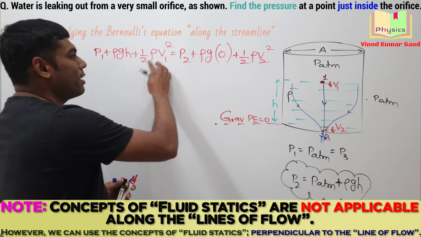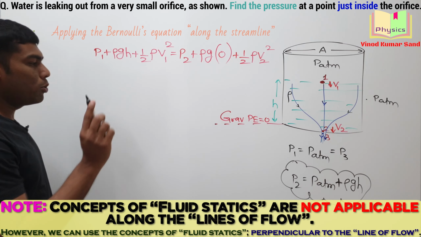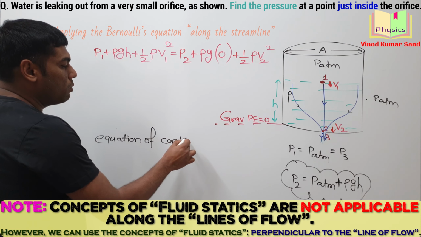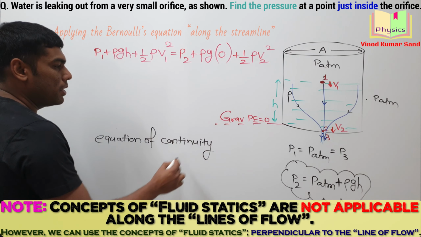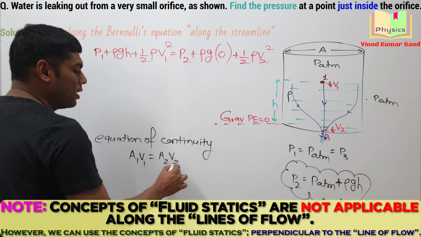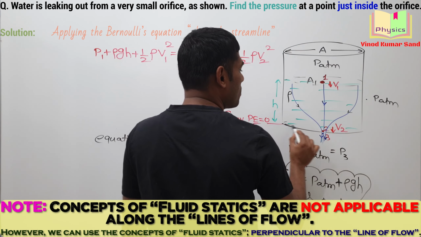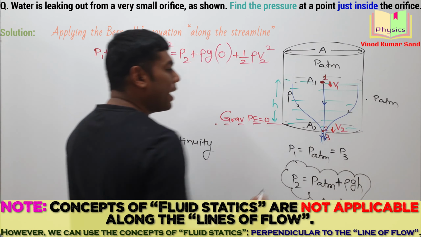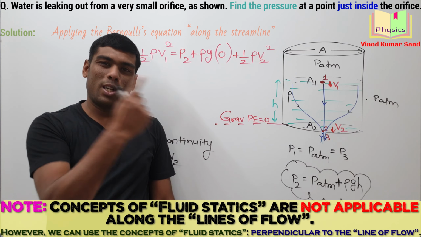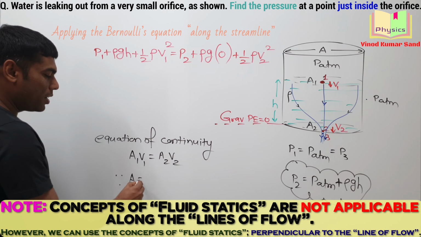Now, if we can relate the V1 and V2, then we can easily find the P2. I am doing that using the equation of continuity. According to the equation of continuity, we must be writing that A1 V1 should be equal to A2 V2. Actually, A1 is the area I am considering here, A2 is the area here. And since the cylindrical container is there, every cross section has the same area A. It means A1 is equal to A2.